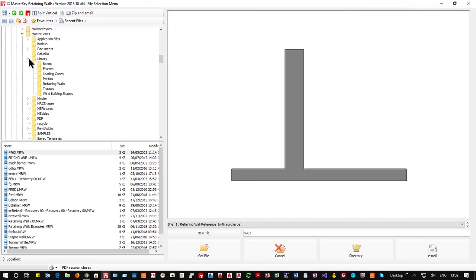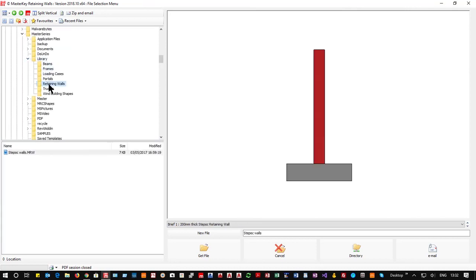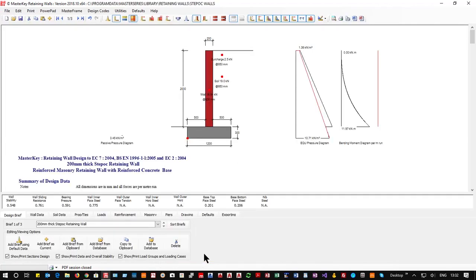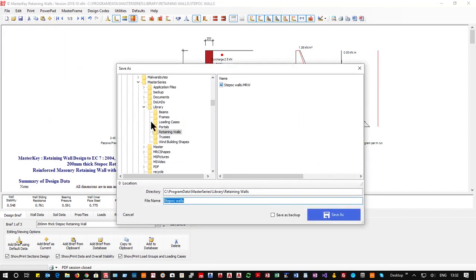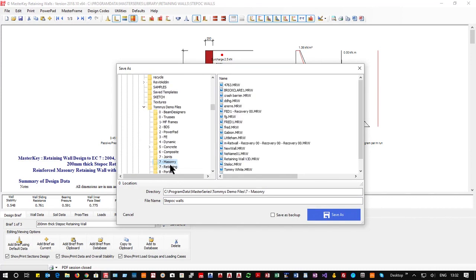So library, retaining walls, and I'm going to take these in and get them. And now I'm just going to go File, Save As, and I'm going to come back out of library and save them into my retaining walls, and give it a name and save.